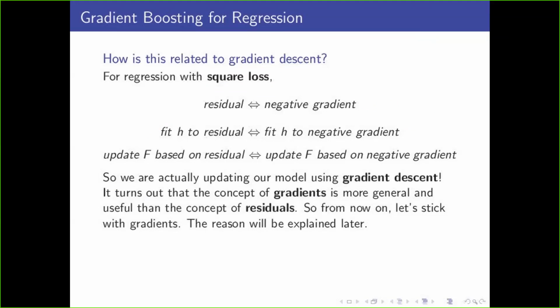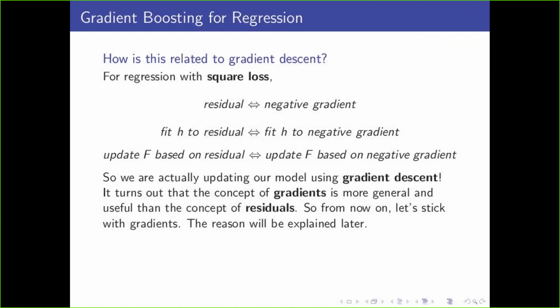So from now onwards, we'll stick to the concept of the gradient, not to the residuals. You will understand the reason soon. Why are we sticking to the concept of the gradient? The reason is very simple. If you formulate this algorithm using the concept of the gradient, it can be generalized to any loss function, not just the square loss function.